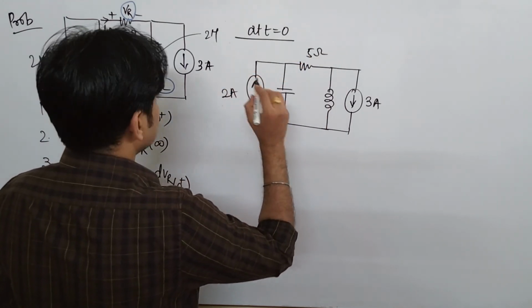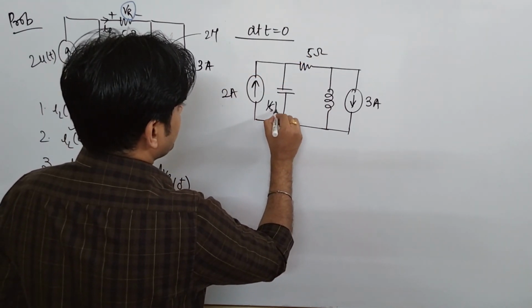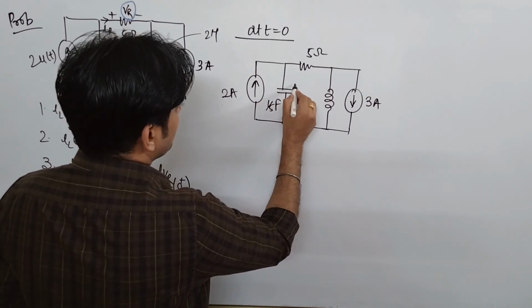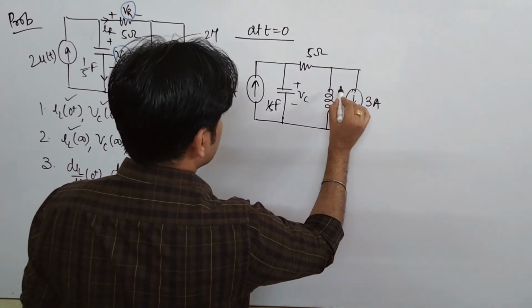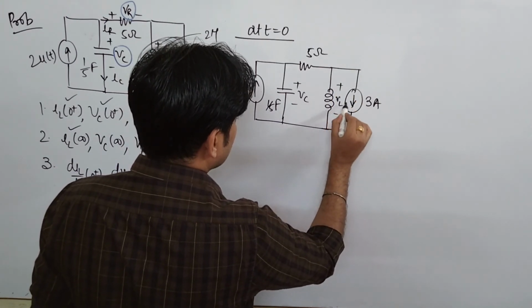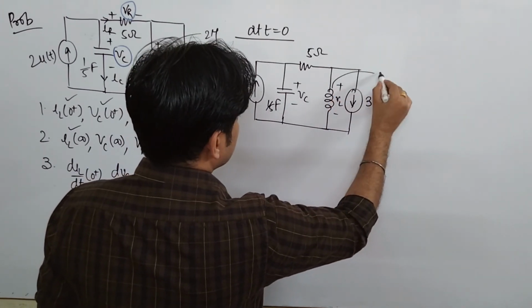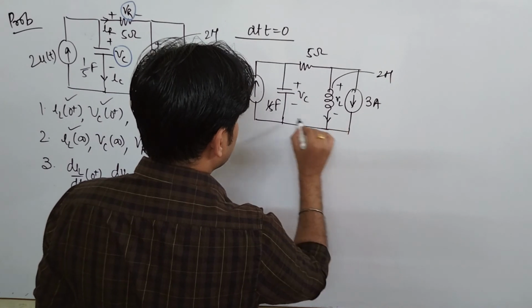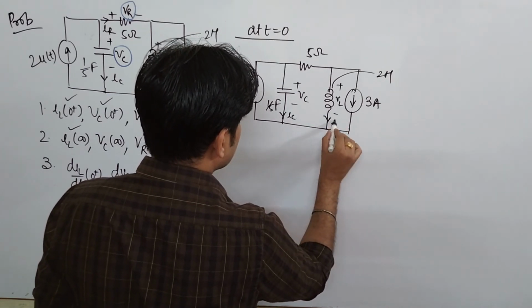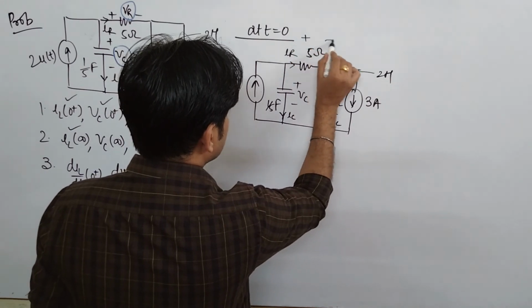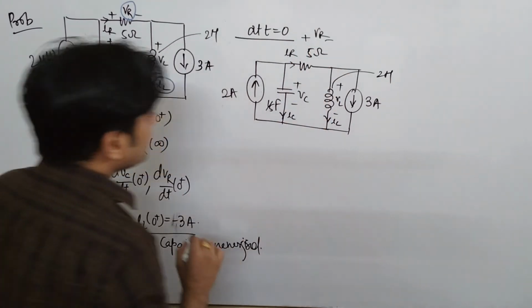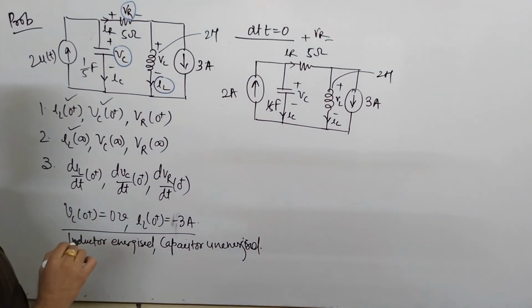This is 5 ohm, this is 1/5 farad. Here the voltage is VC, here the voltage is VL. This is 2 Henry. The currents are IC and IL, and here is IR, and the voltage is VR. So now we have drawn our circuit at t equal to 0.